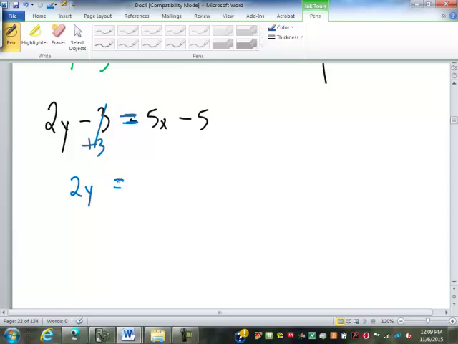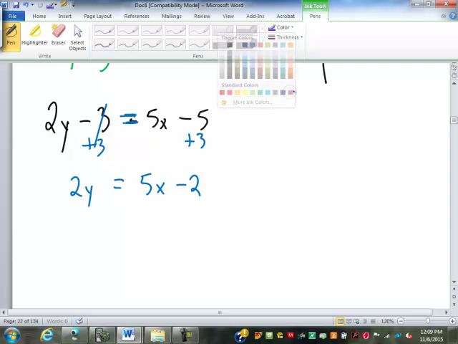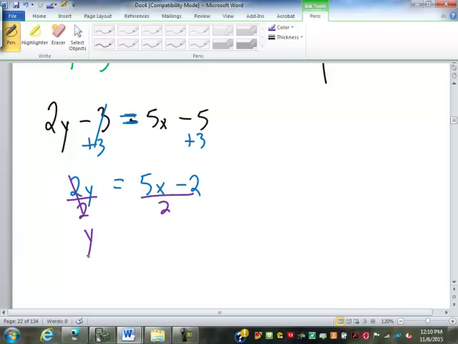Now again, when we add or subtract, we only have to do it to one piece on each side. So over here, all I have to do is add 3 to the negative 5. This is 5x minus 2. And then we need to divide by 2. Makes that go away. When we multiply or divide, we have to do it to every piece on each side. 5x divided by 2 is just 5 over 2x.